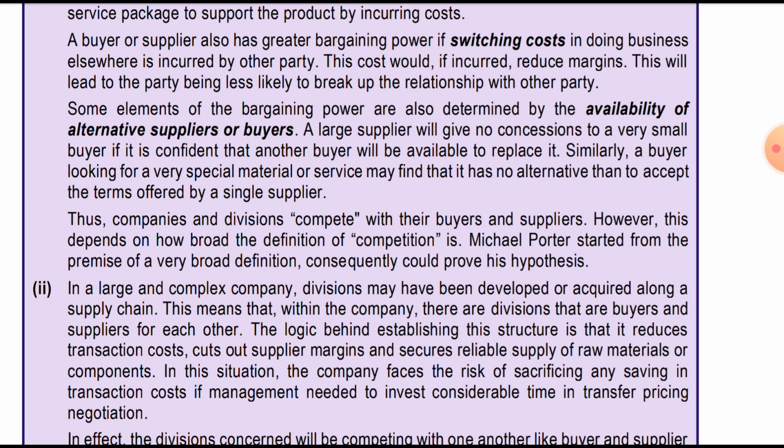So each and every company or division is at some point a buyer and a seller as well, as they buy and sell the product. This concept is linked with Porter's five forces, that is, which party enjoys the competitive advantage over the other party.